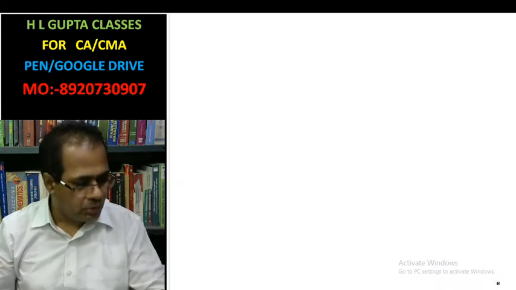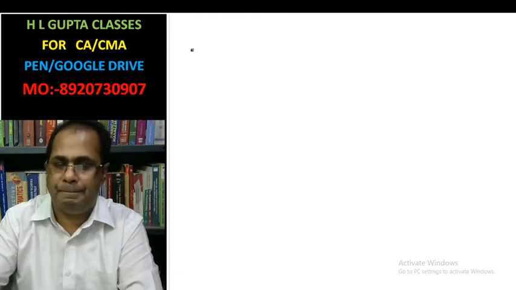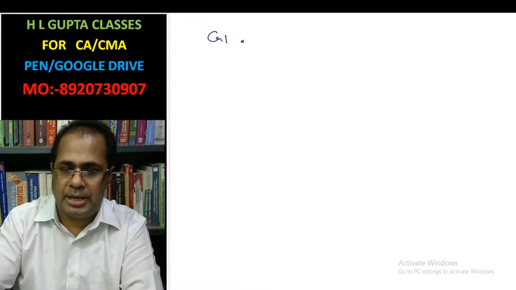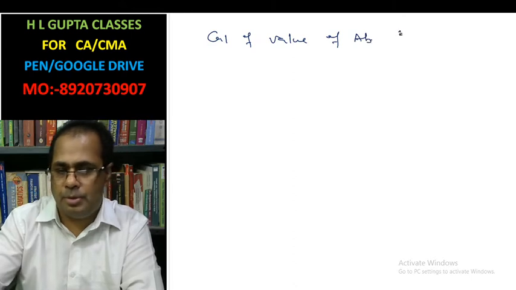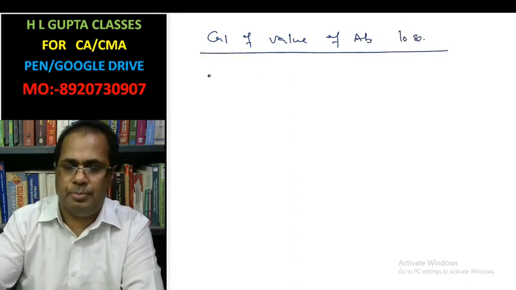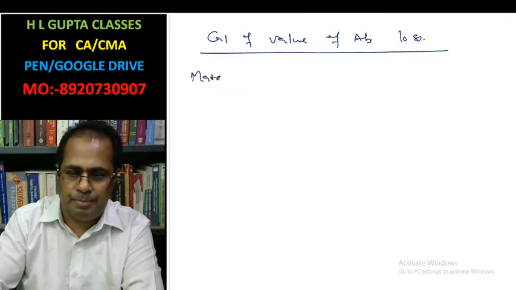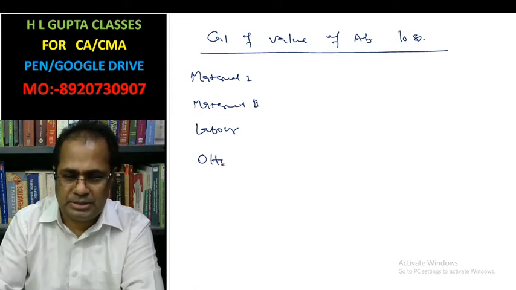Like calculation of value of abnormal loss. It's very easy to calculate. Material first, material second, this is your labor, this is the overhead.